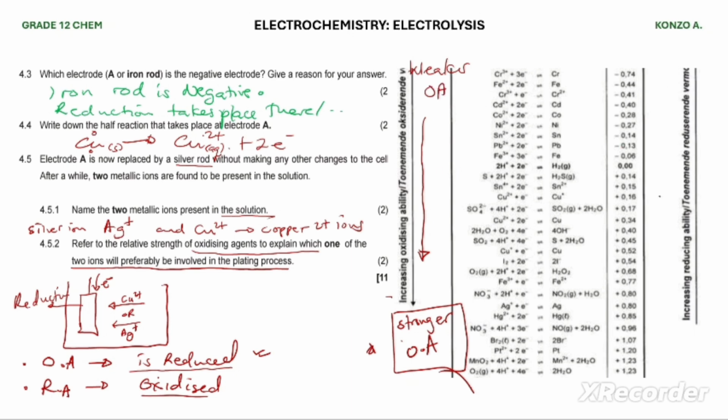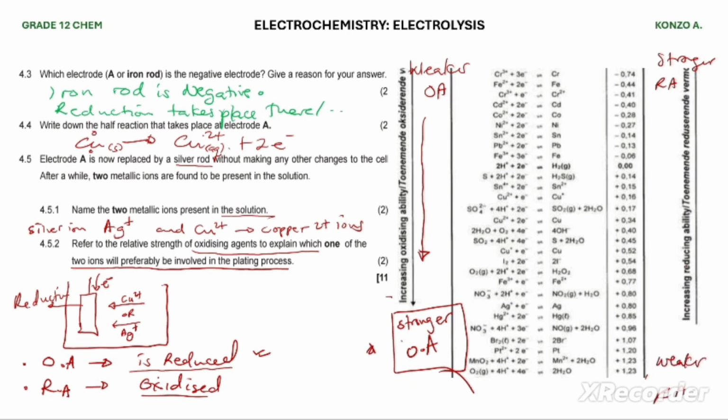So let's check out what's happening on the right hand side of this. And it says here increasing reducing ability. That means we're talking reducing agents. All right, fine. So what we'll be having here is stronger reducing agent up here, and then weaker reducing agent down here.